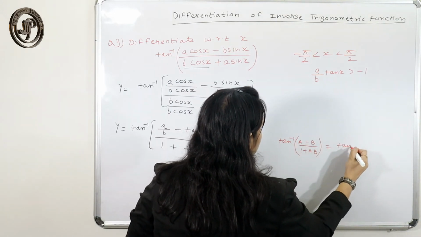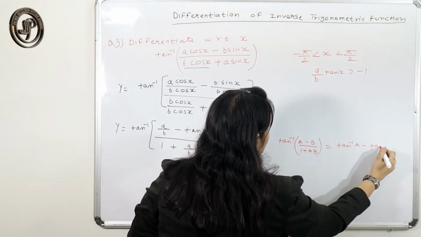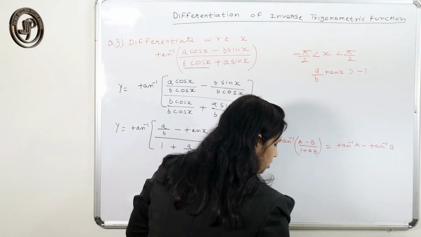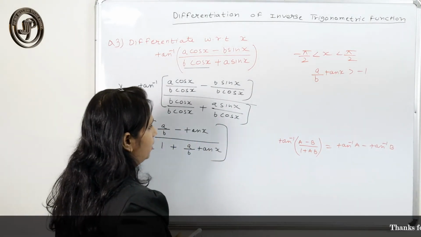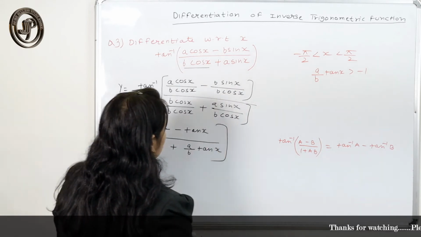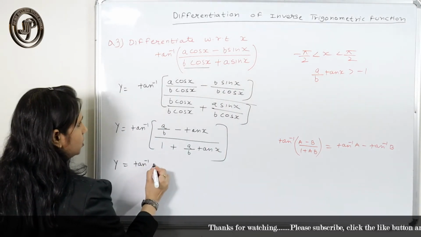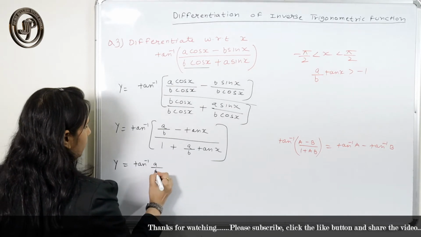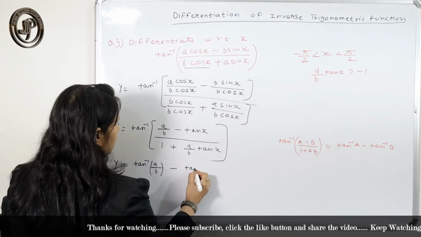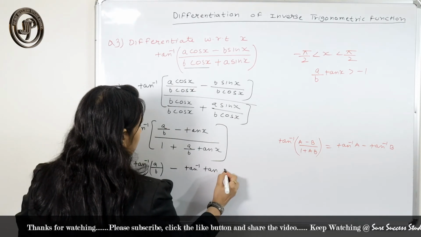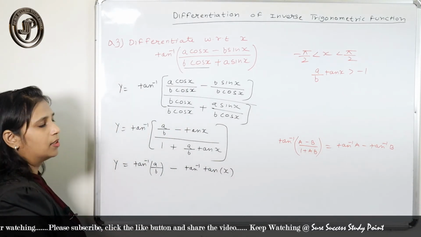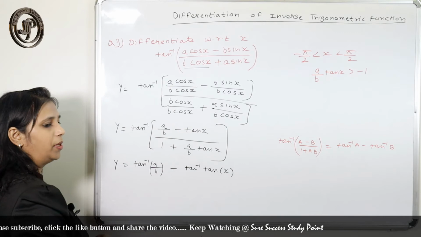You can write this formula as tan inverse A minus tan inverse B. So y is equal to tan inverse a by b minus tan inverse tan x. This is your A, this is your B.